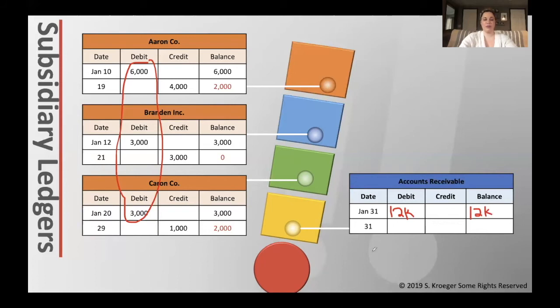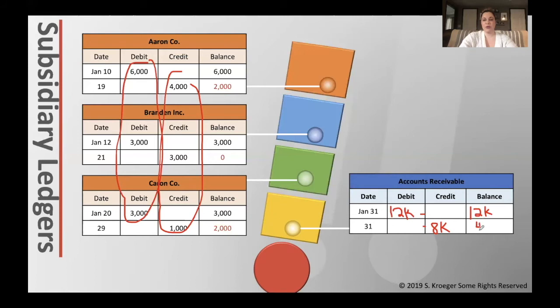That's step one. Step two would be to then add up all the credits. So here's all the credits. We have 4,000, 3,000, and 1,000. When you add that up, you get 8,000. So basically throughout the month of January, we were owed 12,000 and then paid off 8,000. So what's our final balance?